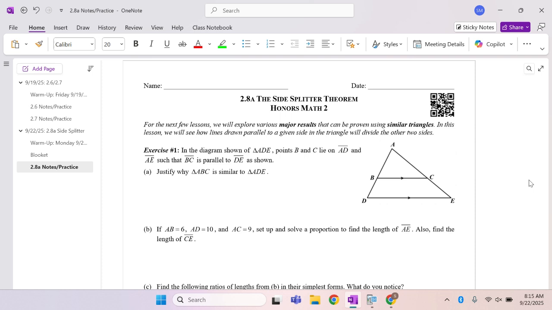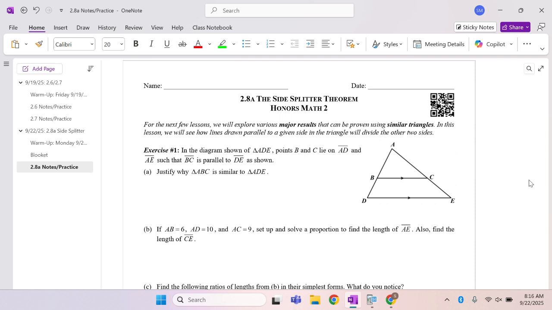So what does that mean in terms of its angles and sides? Congruent angles. What about the sides? What's their relationship? What's the word for it? Proportional. Good. So remember, angles are congruent, sides are proportional.